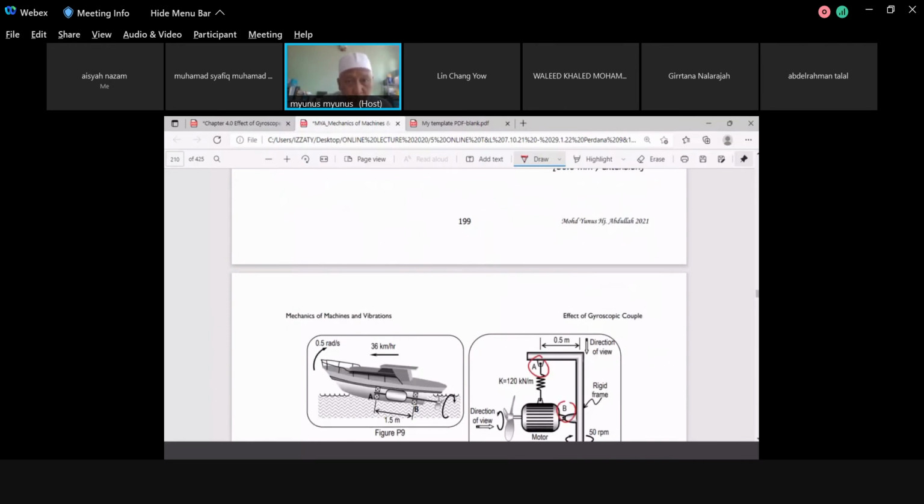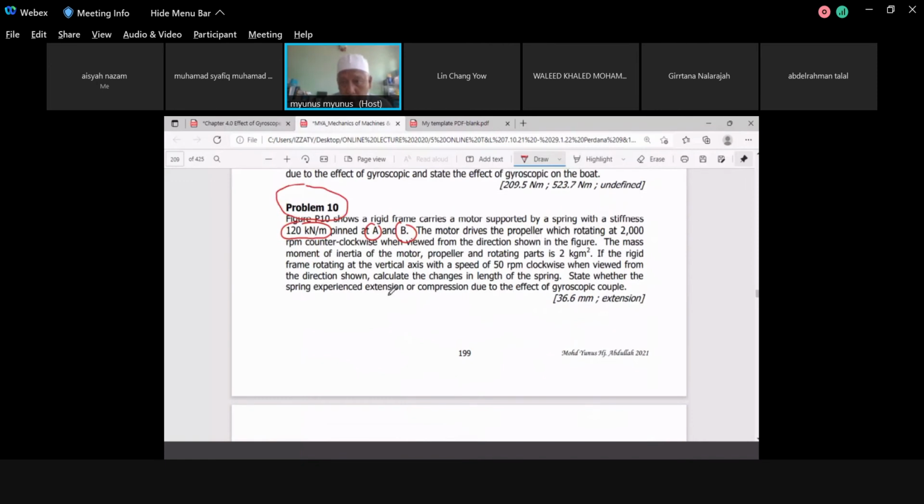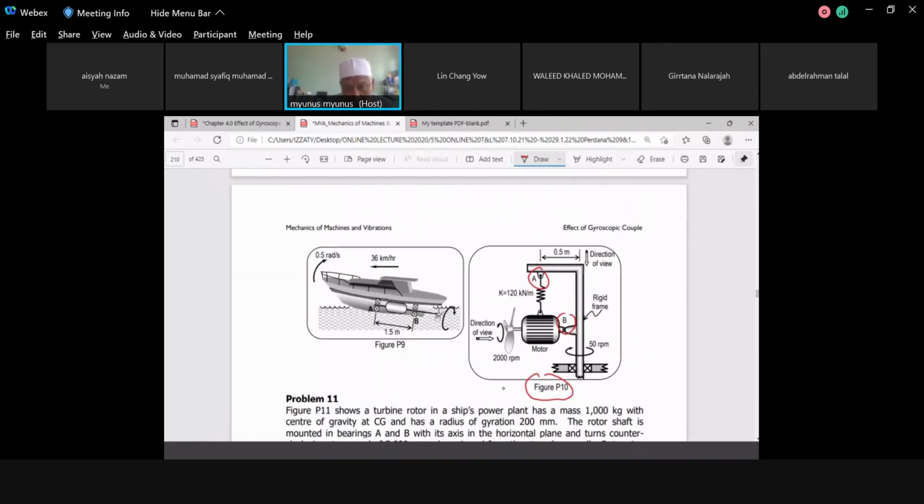They also provide that the motor drives a propeller rotating at 2000 RPM, counterclockwise viewed from the direction shown. So if you're standing in front of the propeller running at 2000 RPM, it is rotating counterclockwise, so the vector will be pointing that way.